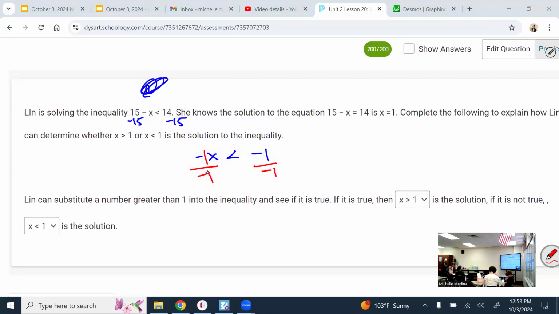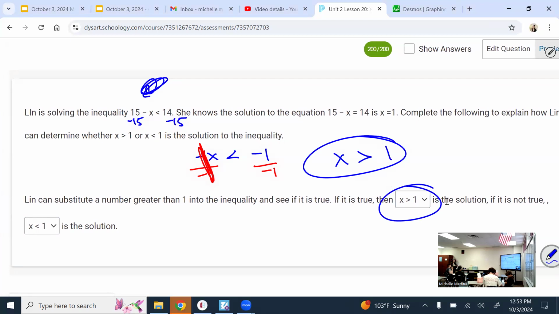All right, so we're dividing by negative 1 on each side to fully isolate x. Anytime you divide by a negative on both sides, what do you have to do? Flip the sign. So that is the solution, not the other. Questions? Other questions at all?